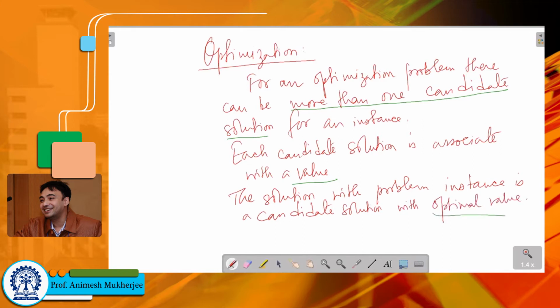Out of the many candidate solutions, we call the solution for the problem instance the candidate solution which has the optimal value.